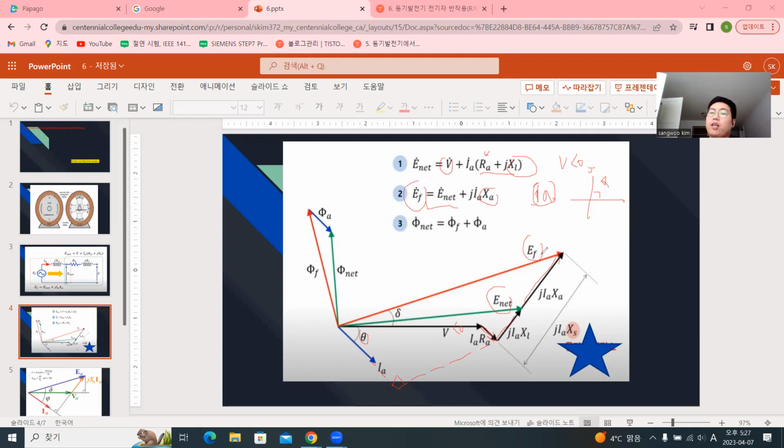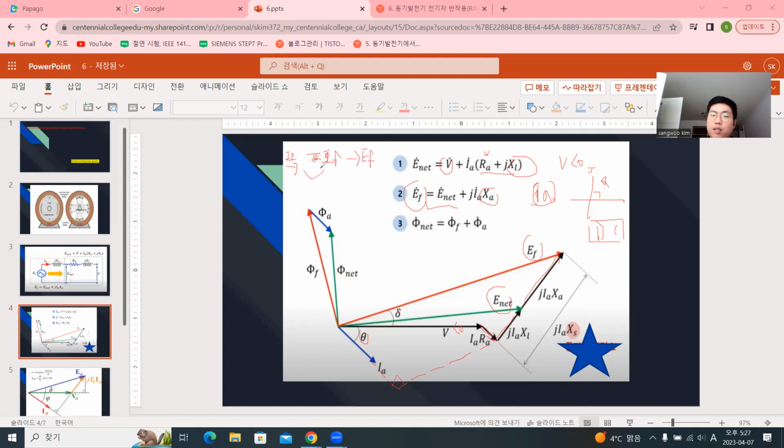By the way, the exciting current comes from the outside DC source. But as you remember, the current IF makes the flux Φf, right? It makes EF, right?